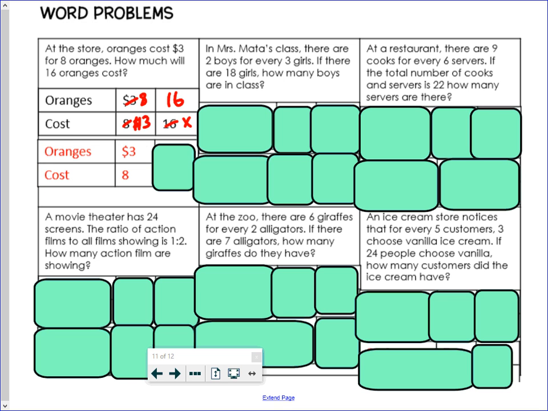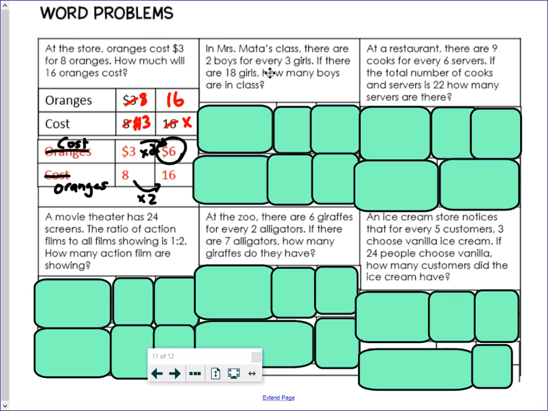Therefore, don't look at that. It's backwards. This should be cost, and this should be oranges here. So our relationship is 2 times 2. So 16 oranges will cost us $6.